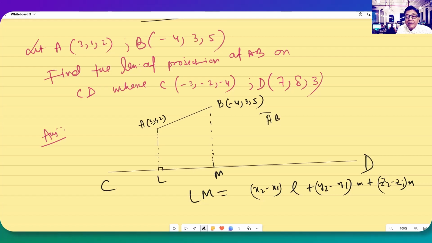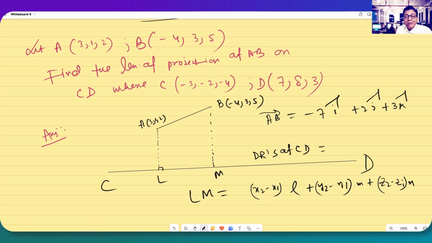If you write the vector AB again, the position vector of B minus A is minus 7i, 2j, 3k. And now the direction cosines of CD. How do we find them? First write the direction ratios of CD.